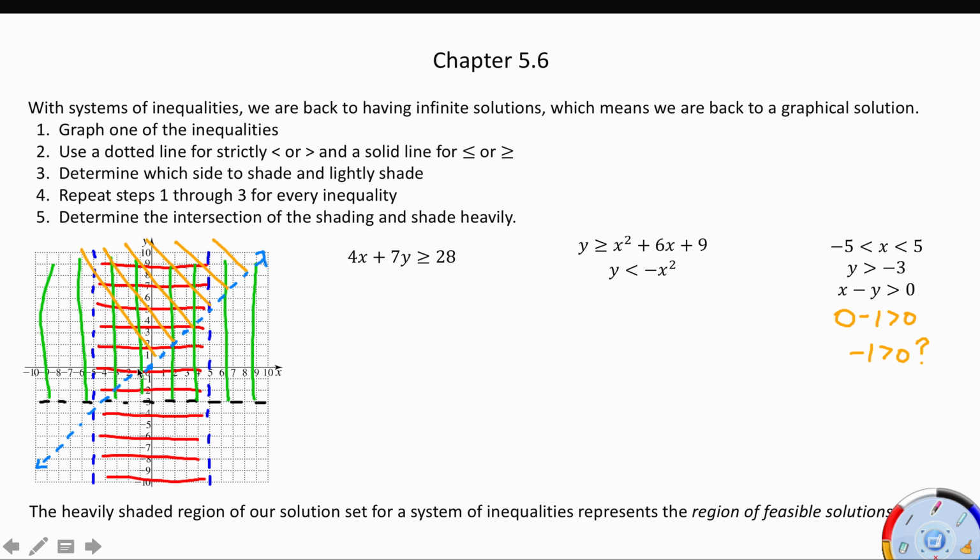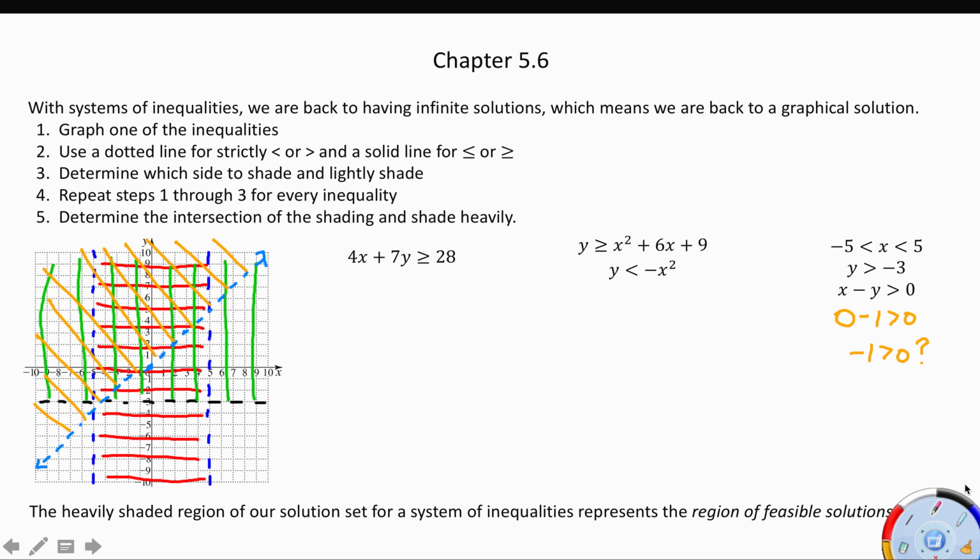And again, my solution is the part where all the shading overlaps. It's where I've got green and red and orange shading. So don't leave your answers looking like this. Right?